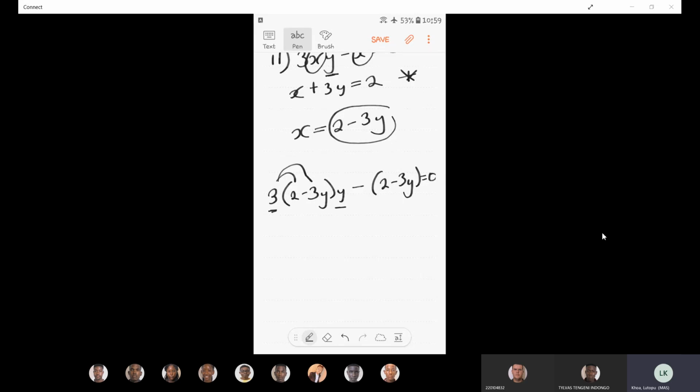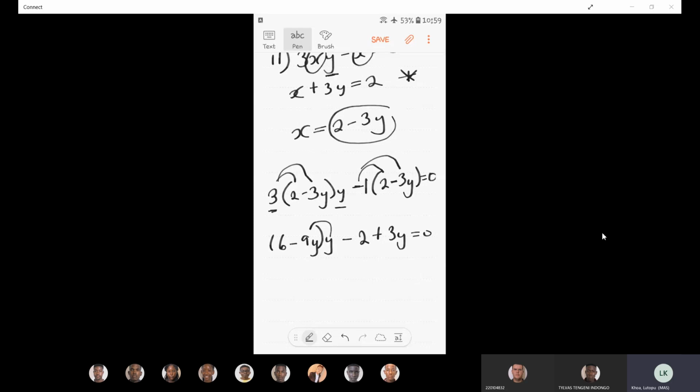The order you do it in doesn't really matter. So if I multiply the 3 in first, I have 6 minus 9y. The y is still there. Then minus, now this minus 1 can multiply in. So I have minus 2 plus 3y. This is equal to 0 because negative and negative over there gives me a positive.